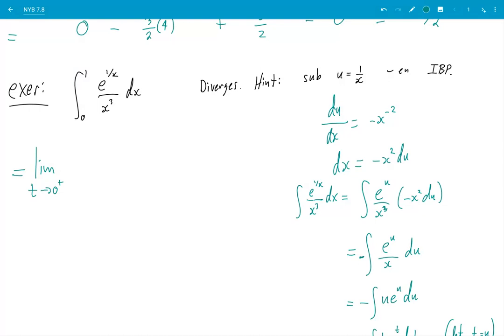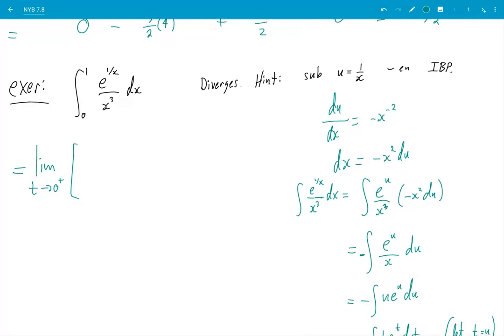I guess there's exceptions to that rule, but let's just move forward, shall we? Now, my antiderivative, which I spent so much time working on, was negative e to the 1 over x all over x, I'm just going to try to remember this, plus e to the 1 over x.